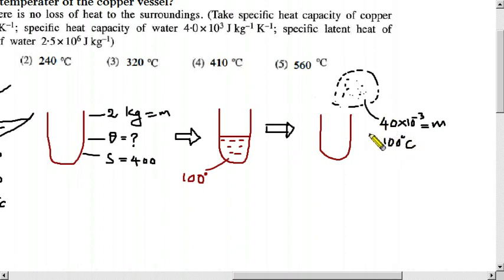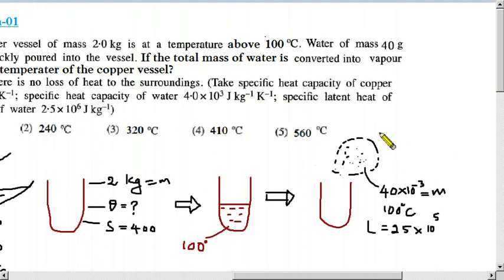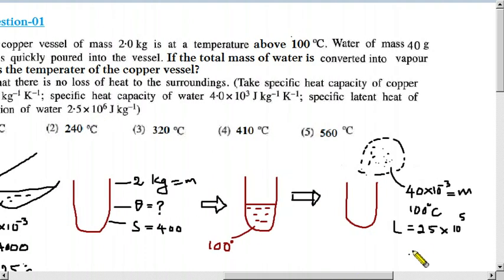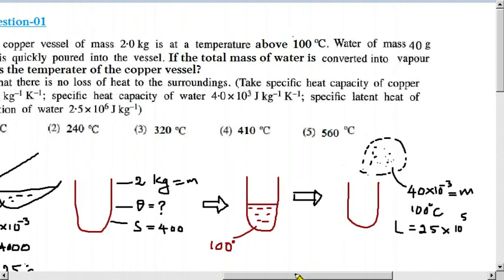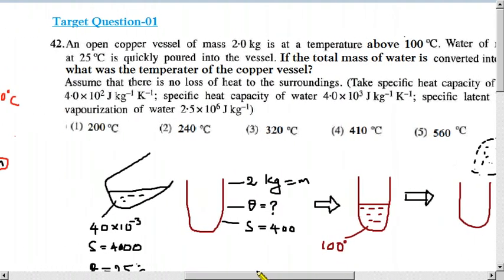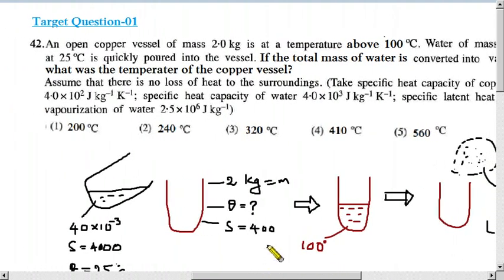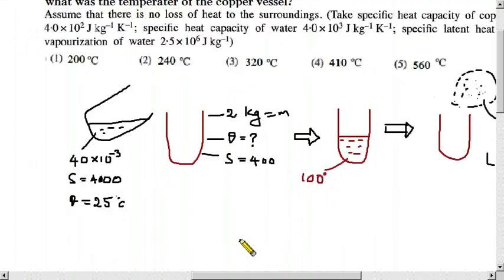They have given L as 2.5 times 10 power 6, but I write it as 25 times 10 power 5, because we can cancel the other values easily. So let us write the equation.